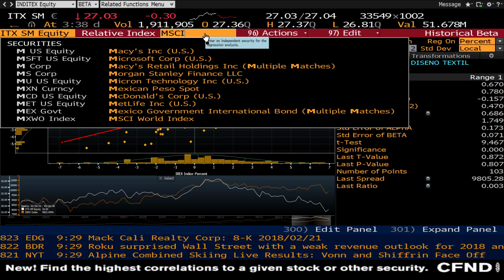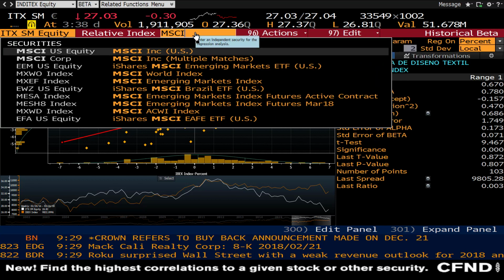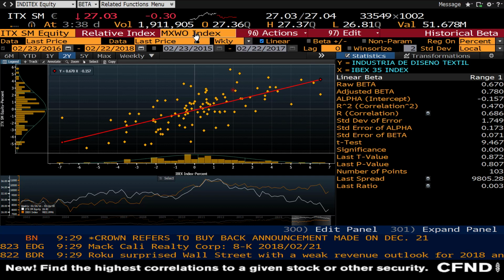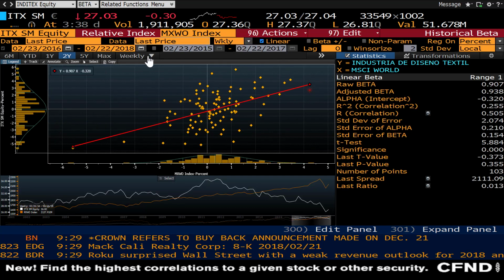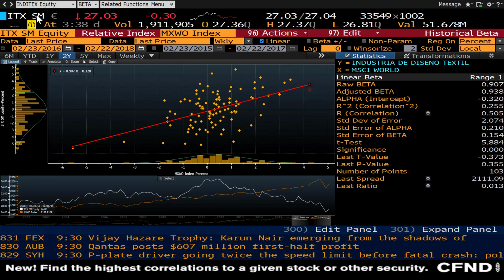Usually I do this for basically every large firm, because for most large firms, their relative benchmark index is more of a world index rather than their local index. Press enter. And you get a raw beta of about 0.907. So 0.907 is what I'm going to be entering into the beta field. The debt and equity of Zara, I can grab from the FA function.